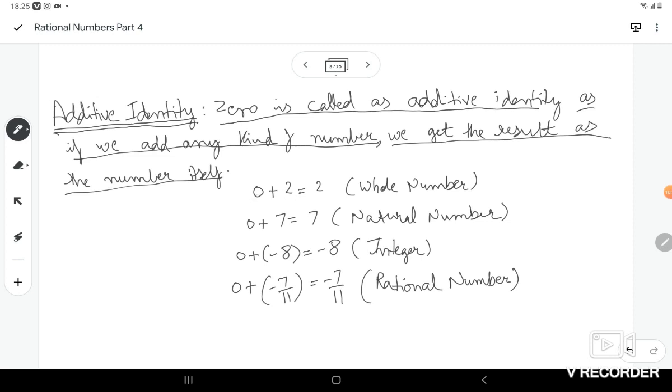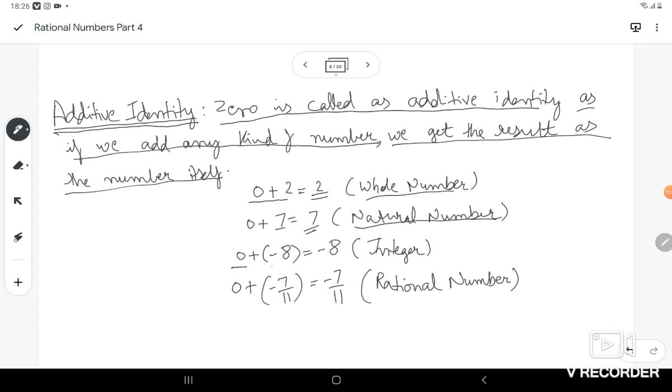Now if we add 0 plus 2, we again get the result 2. If we add 0 plus 7, we get the result 7, which were whole numbers as well as natural numbers respectively. Now if we add 0 to an integer, let's see if it comes out to be an integer or not.